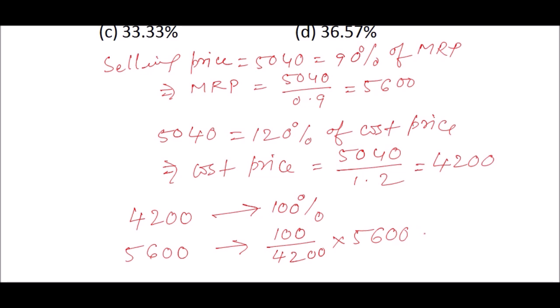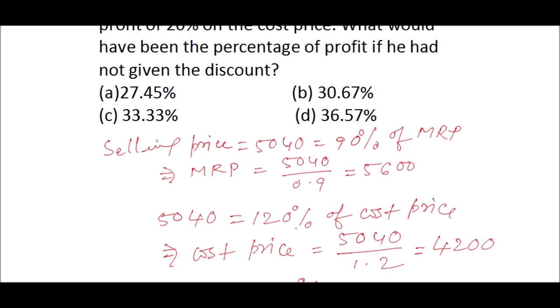And if you simplify it, you will get 133.33%. Therefore, the selling price would be 133.33%, so there will be a profit of 33.33%. Therefore, your option C is the correct option.